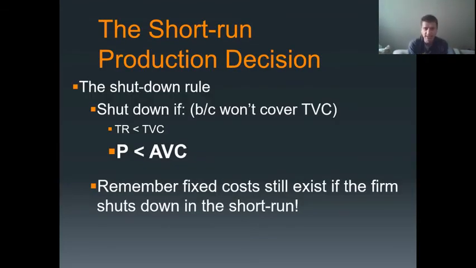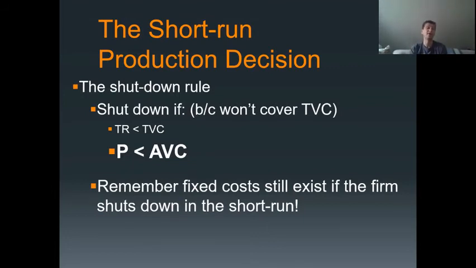Now, I mentioned the idea of a short-run production decision. If your firm is losing money, you might still produce in the short run. And that's because it might cost you more money to shut down because you still have to pay those fixed costs. So the shutdown rule is when you can't cover, or you can't pay for, is a better phrasing. The AP test doesn't accept the word cover.